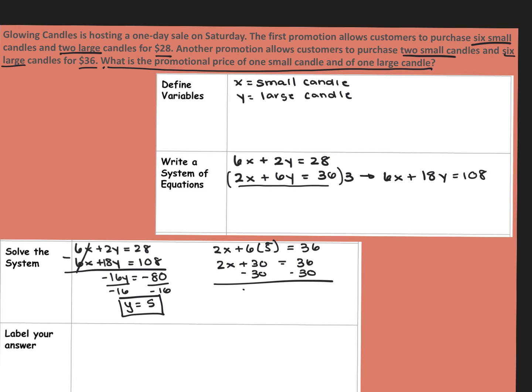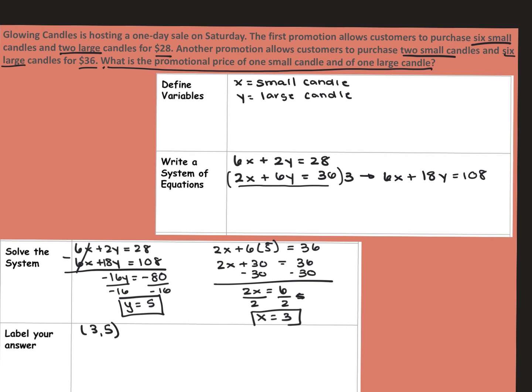Minus 30 on both sides. I get 2x is equal to 6. Divided by 2, divided by 2. And I get that x is equal to 3. All right. So I get the ordered pair of 3, 5.